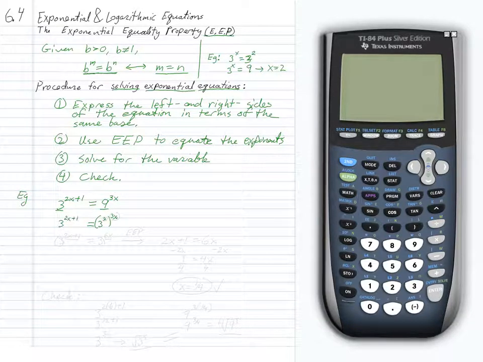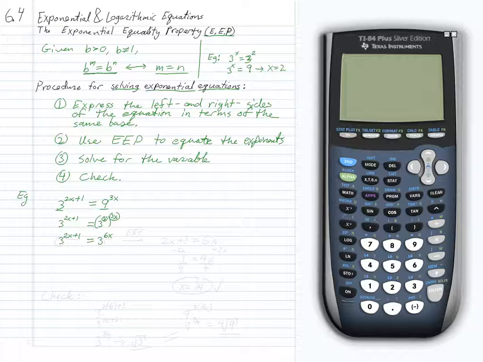we're making progress. Now, if I apply the power to a power rule of exponents, I can see that this equation can be written as 3 to the 2x plus 1 on the left, and 3 to the 2 times 3x, in other words 3 to the 6x, on the right-hand side.